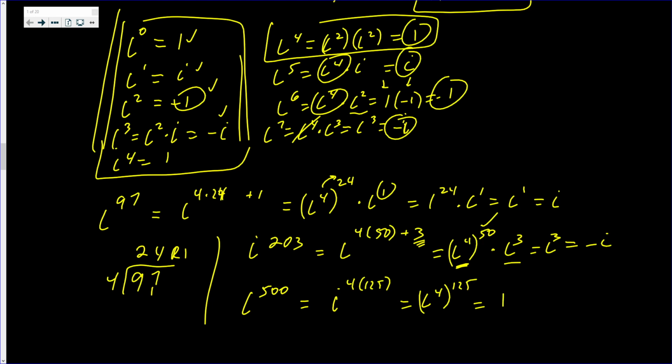But i to the 4th is 1, raised to the 125 is 1. So if you multiply i by itself 500 times, you'll get 1. If you multiply i by itself 203 times, you'll get negative i. This completes the section on complex numbers.